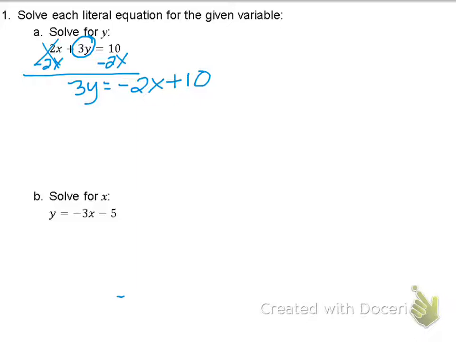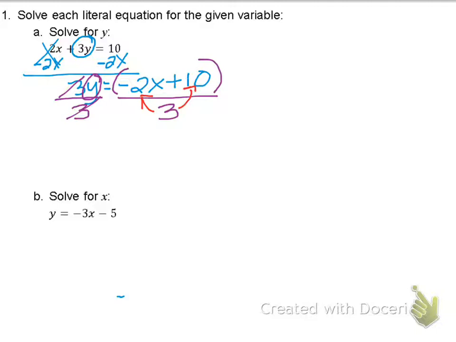So the next step would be to get y by itself, which would mean to divide by 3 on both sides. And when you are dividing, you have to divide the entire expression on that side of the equal sign by 3. That means we have this on the top in parentheses, and we have to distribute this division to all the terms in the numerator.